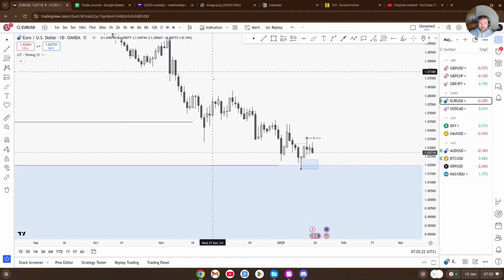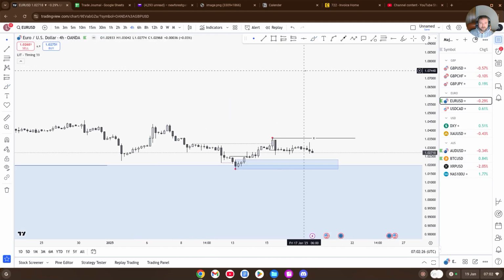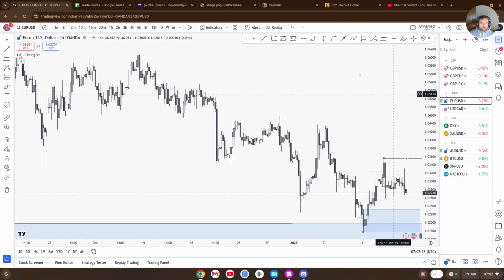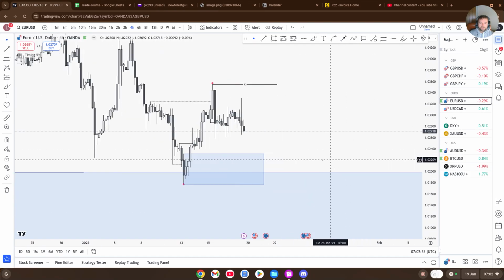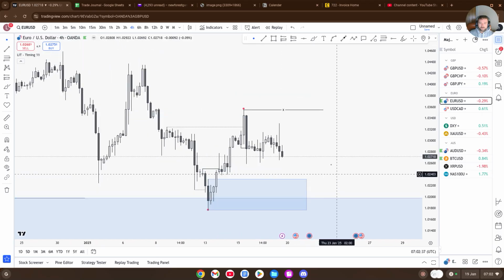So let's just have a quick look. So we're coming from there. Daily, don't really see much. 4 hour. Yeah, so if I'm bullish, anticipating a pullback, then this is my range.